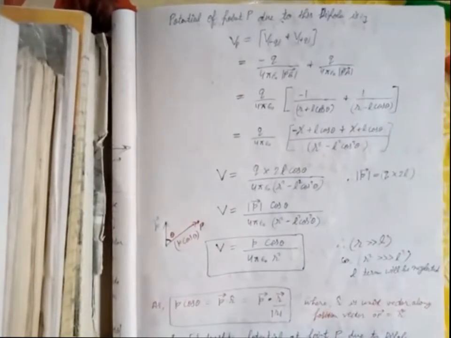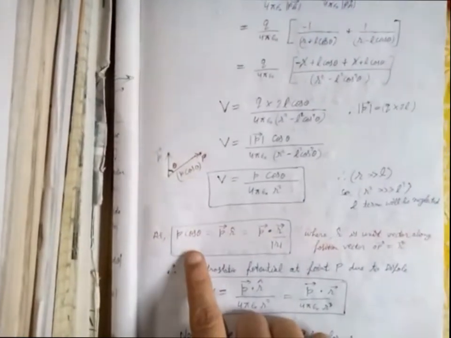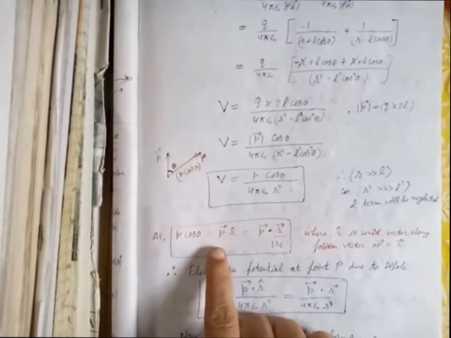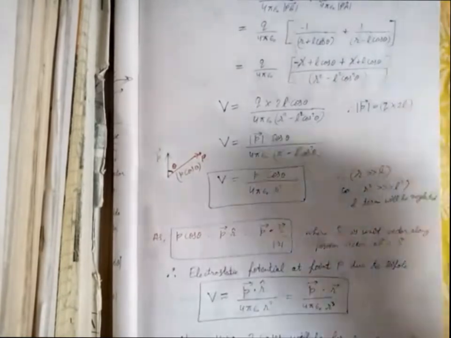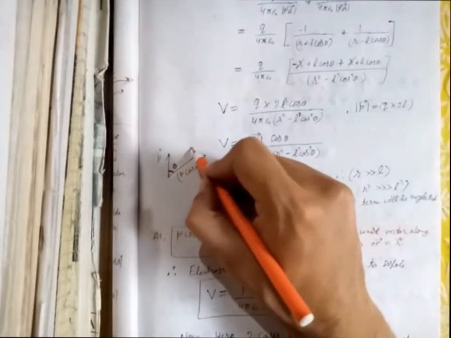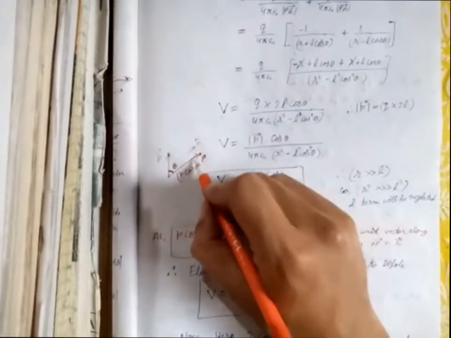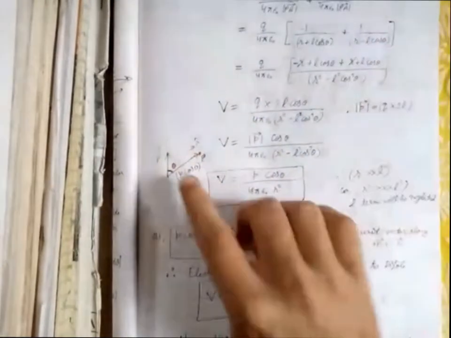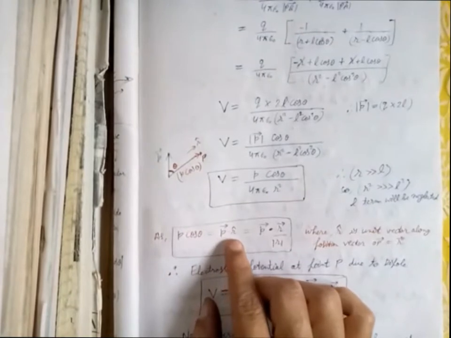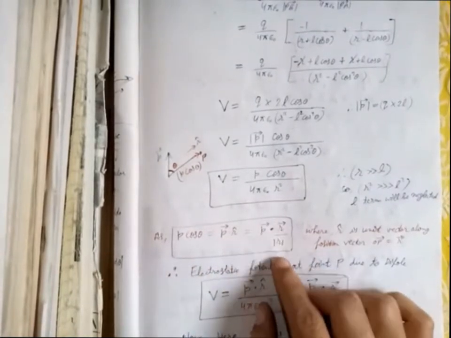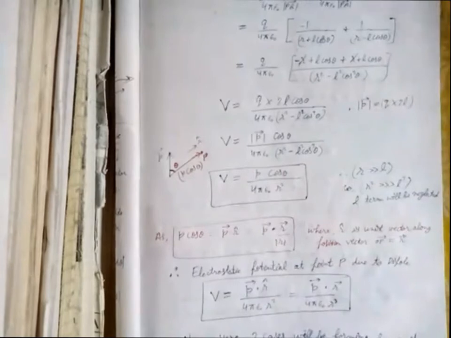Finally, P cos theta is the P vector along this unit vector r, because this is the direction of the unit vector r. So this will be P dot r unit vector, or P dot r vector upon its mod value.